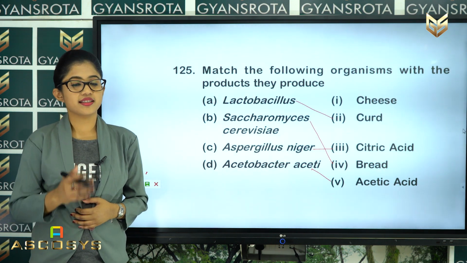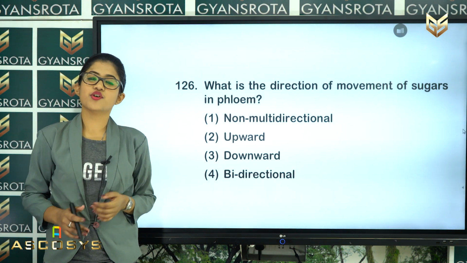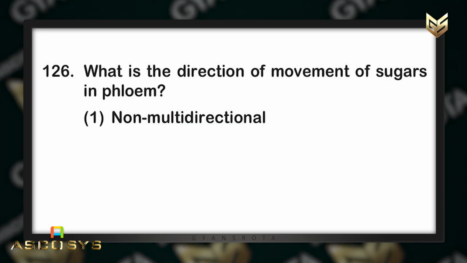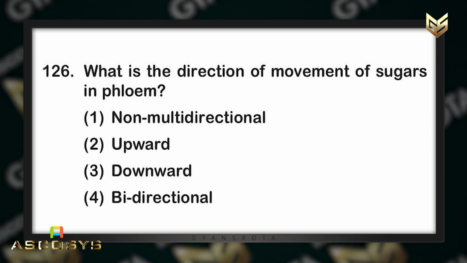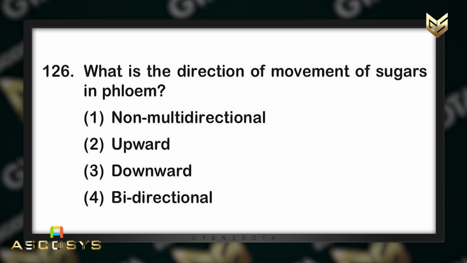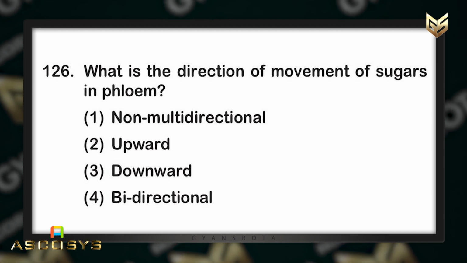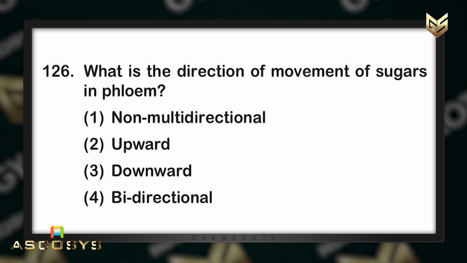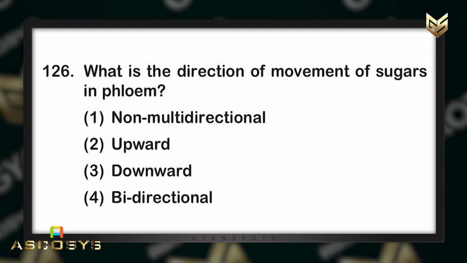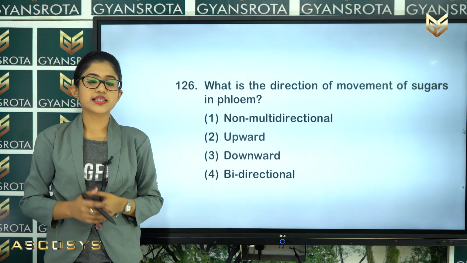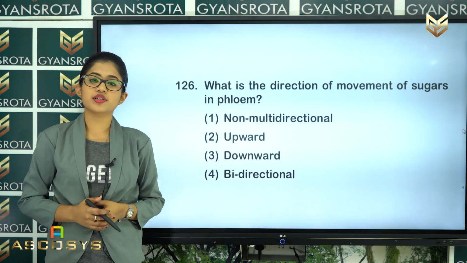Now, let us see the next question. In this question number 126, what is the direction of movement of sugars in phloem tissue? First one is non-multidirectional, second option is upward, third option is downward, and fourth option is bidirectional. We have already discussed this in the chapter Transport in Plants.